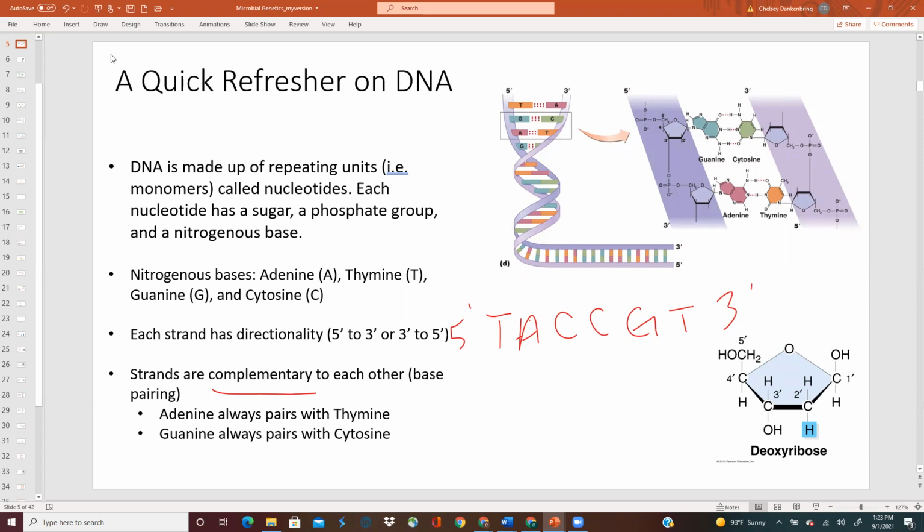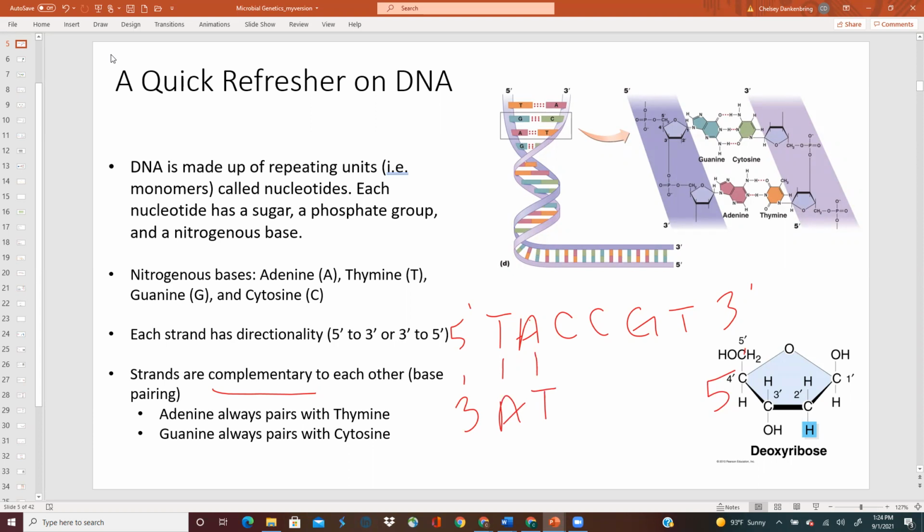All right, so we know that the two strands are anti-parallel. So because the given strand runs 5' to 3', that means the other strand will have to run opposite. So that's going to be 3' to 5'. And now we need to do base pairing. So thymine in the top strand is always going to pair with adenine. We know that adenine always pairs with thymine.